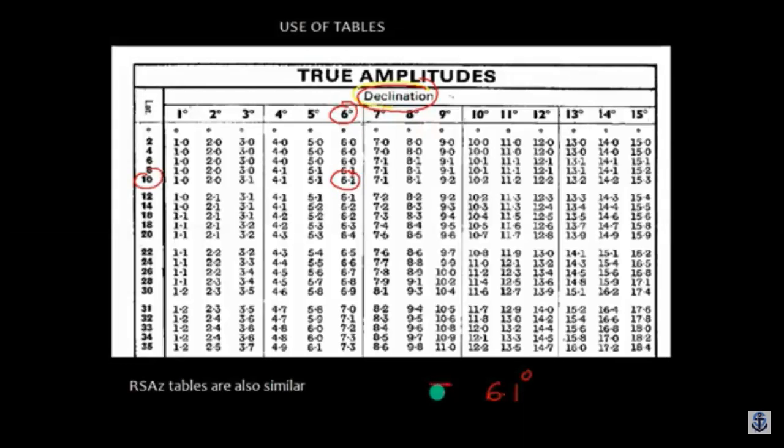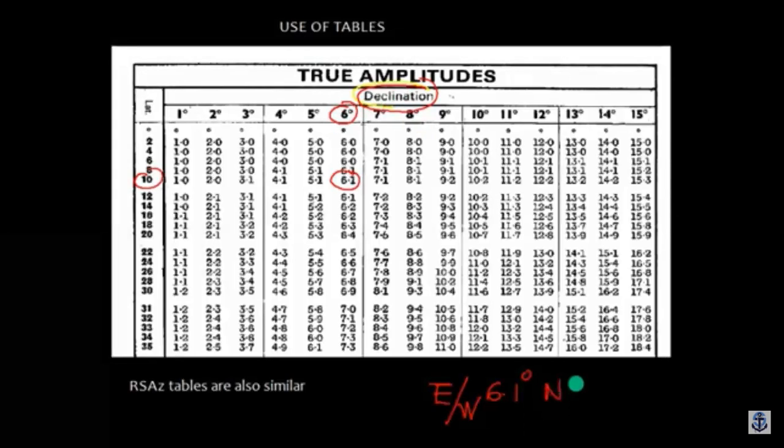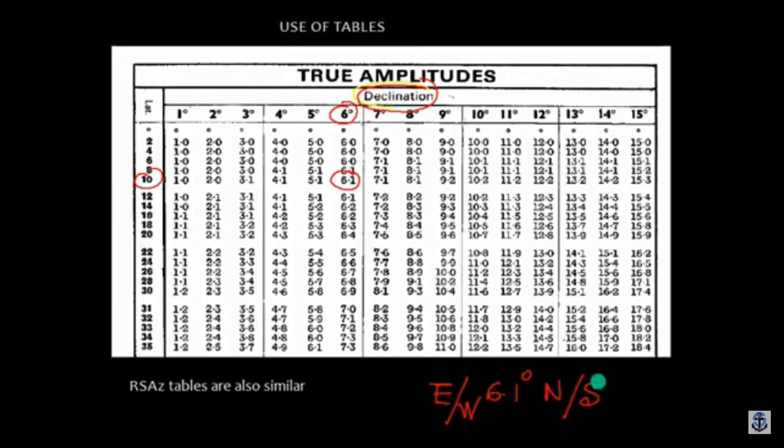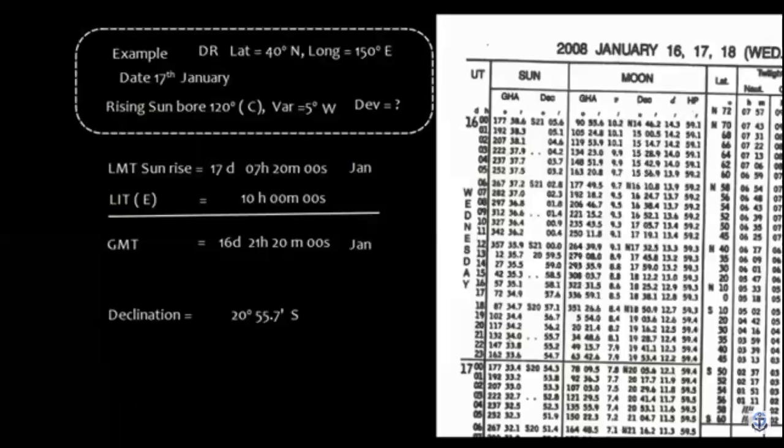Naming is as per rising and setting: rising east, setting west, and declination north or south. In amplitude, the prefix is east or west and the suffix is north or south, and in azimuth the prefix is north or south and the suffix is east or west, like the normal cardinal system. Azimuth tables are also similar.